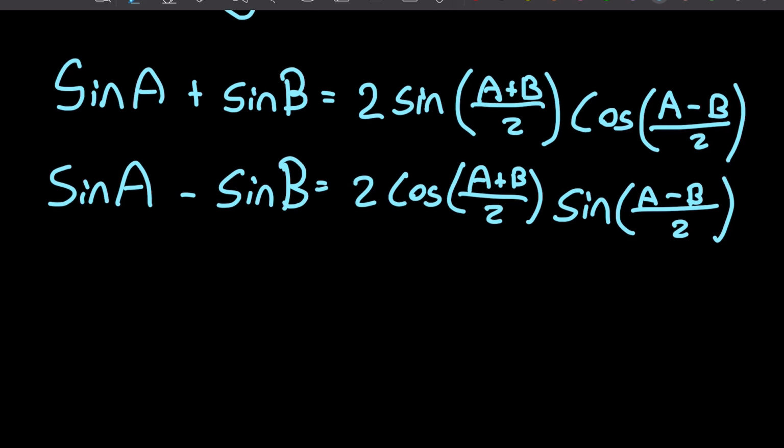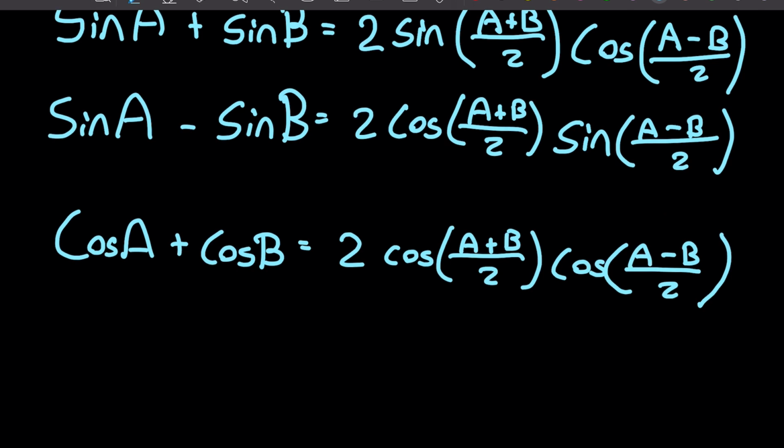So what if we were to have cos A plus cos B? That's going to be equal to 2 cos of A plus B over 2 times cos of A minus B over 2.